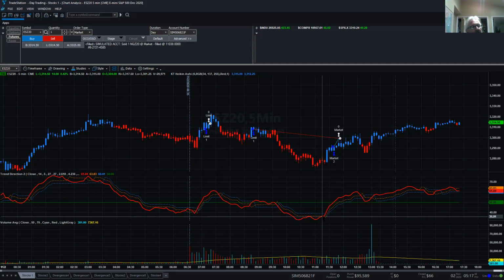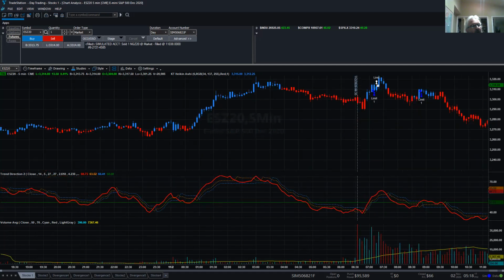And we would have gotten out when the red indicator penetrated the brown line, which would have been 32.78.75. That would have given us another 10 points on this trade. Now the indicator has gone below here, which is very significant.